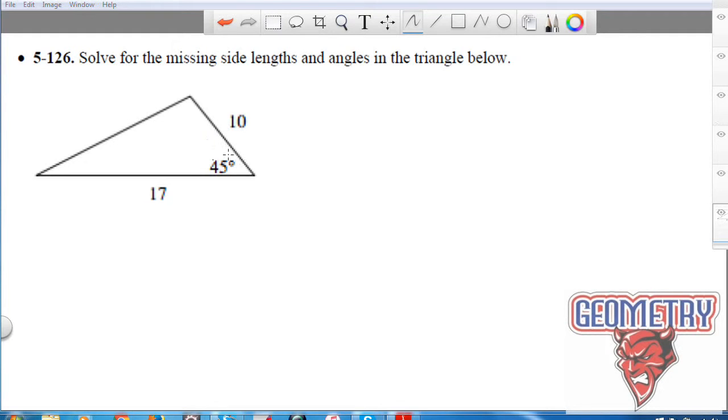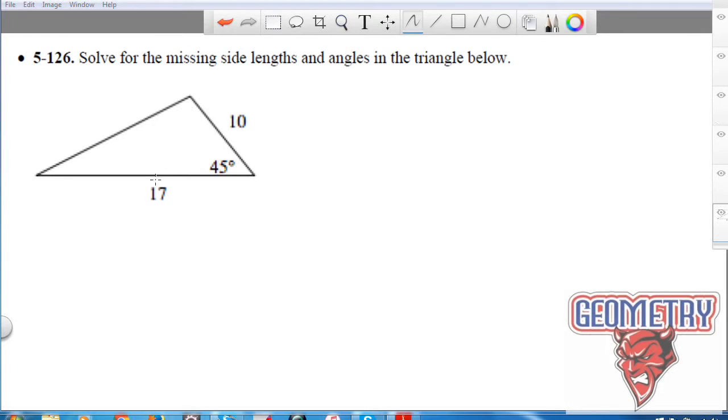One way would be right off the bat, you could use the law of cosines to find this opposite side, right? So 17 squared plus 10 squared minus 2 times 17 times 10 cosine 45 equals that opposite side squared.